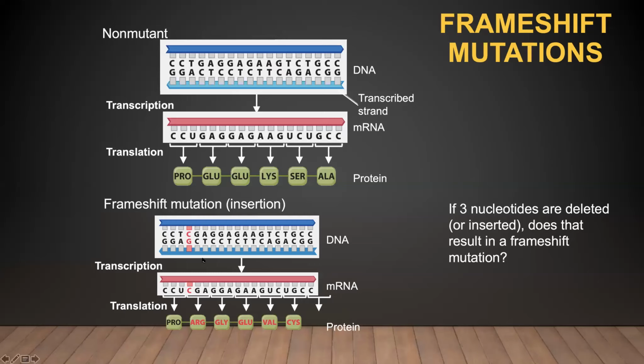So instead of just adding this CG, if I added 2 more nucleotides right here, it would basically insert an amino acid here, and then the rest of them should look the same as here. So actually adding mutations in groups of 3 would cause less of a mess than just changing 1. Great job, you guys.